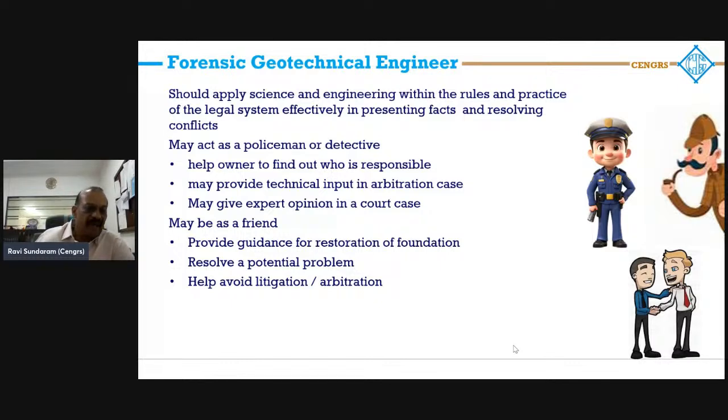Maybe as a policeman or a detective who is trying to figure out who is at fault. On the other hand, you may be a friend providing guidance for restoration of the foundation and resolving a problem and helping avoid litigation and arbitration. So, if it can be done in that way, that would be the best.